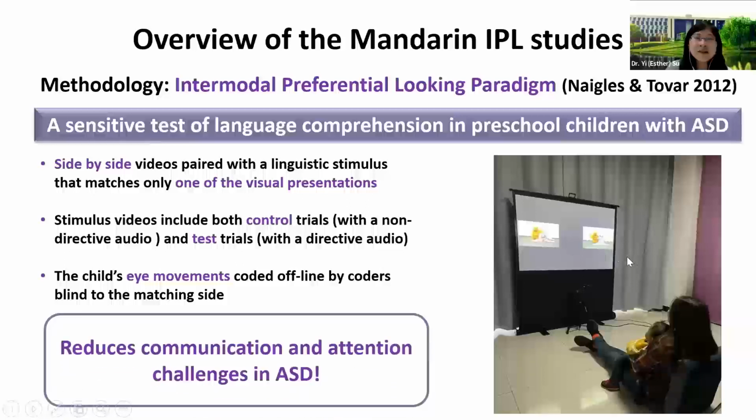Because this is an eye movement measure, it reduces communication and attention challenges in ASD. The child does not have to communicate with the experimenters or even their parents. They just watch the videos, and then we measure whether they comprehend the linguistic structures by looking at their eye movement data.